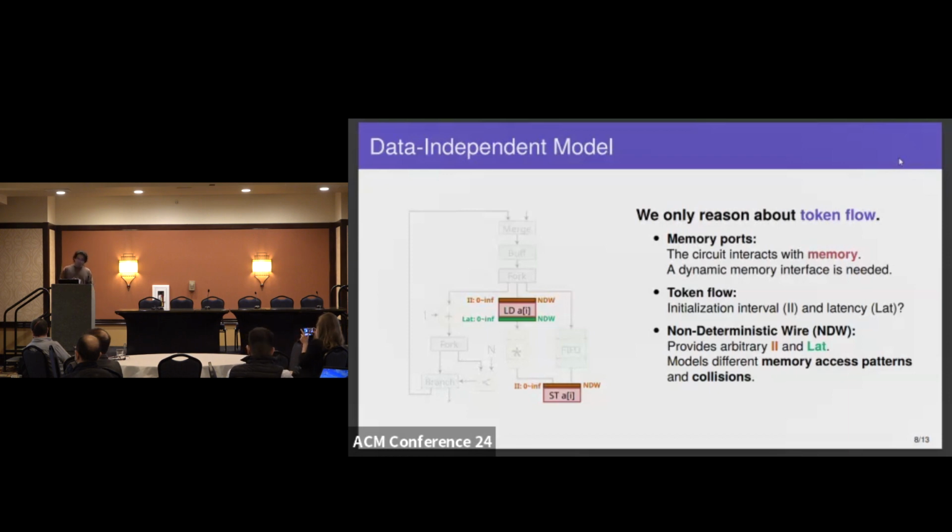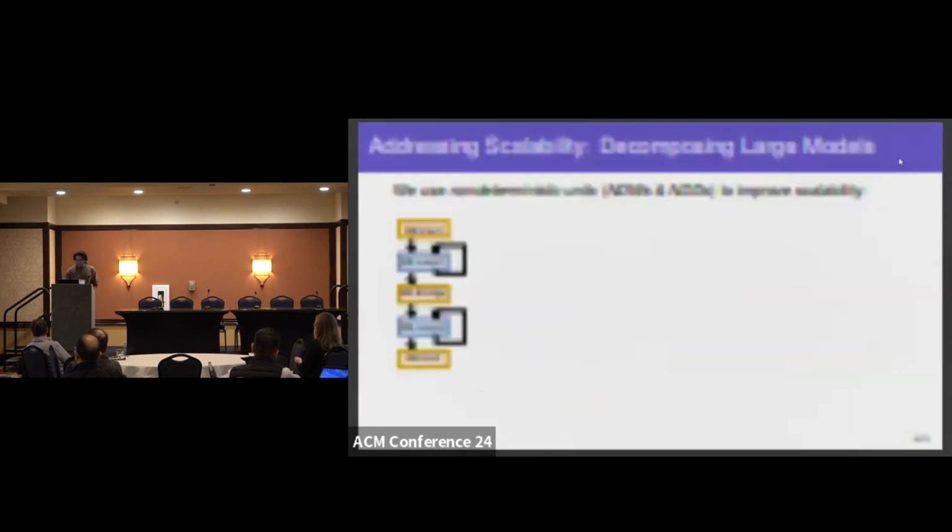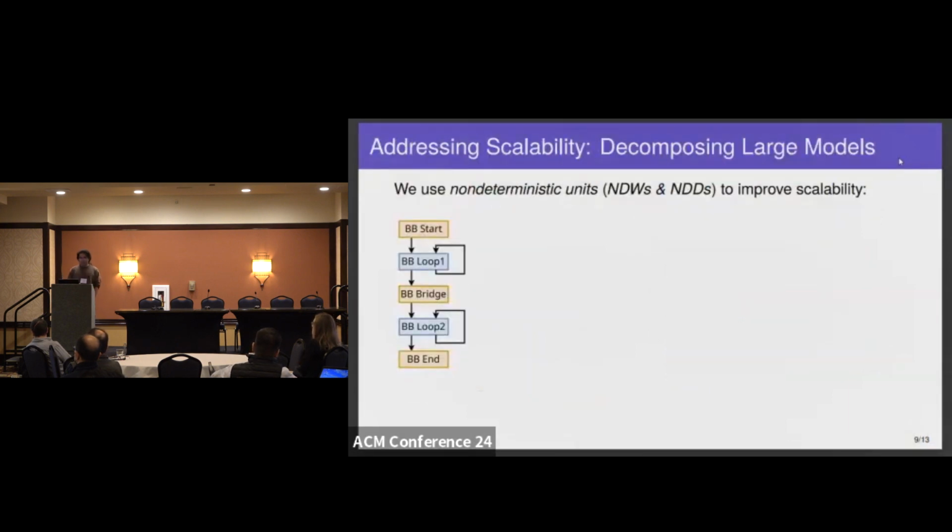However, scalability remains an issue, but luckily the non-deterministic constructs we have described in these slides also improve scalability. In formal verification, it is very common to break a very large model into smaller pieces and verify properties inside these pieces individually. So let's not forget the fact that our circuit is not just one basic block, it has many basic blocks.